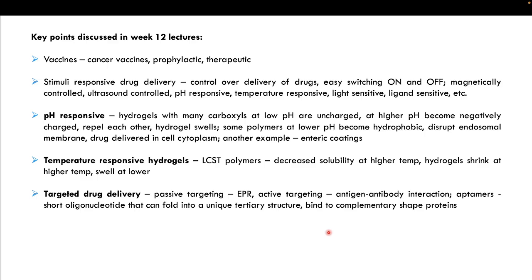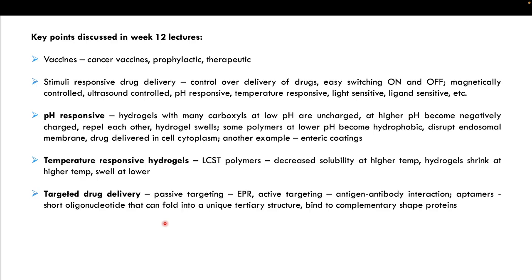Instead of that, if you have some short oligonucleotide, which could be 20 to 30 base pairs of ATGC sequences, these are known as your aptamers. You can make them, these are synthesized also. So one property these aptamers have is, because of the unique sequence that they have, they can actually fold themselves in a tertiary structure. They have a 3D structure.